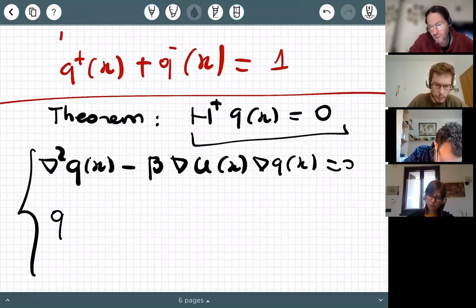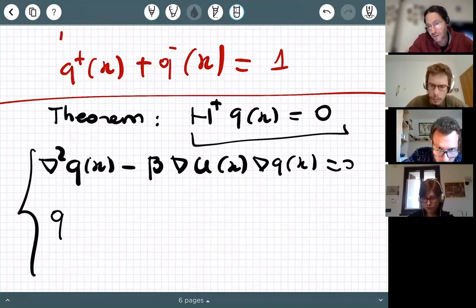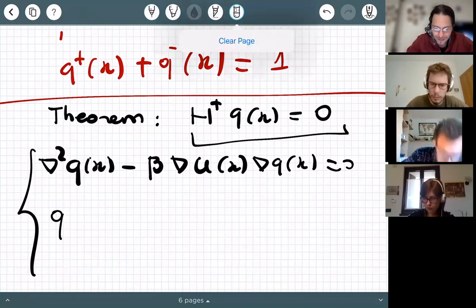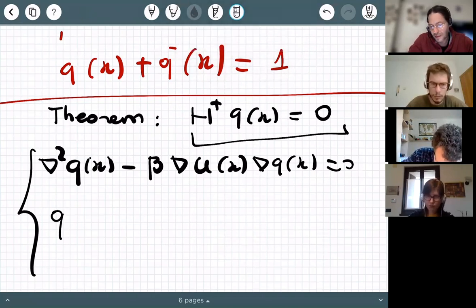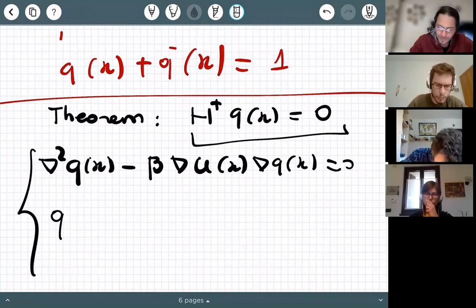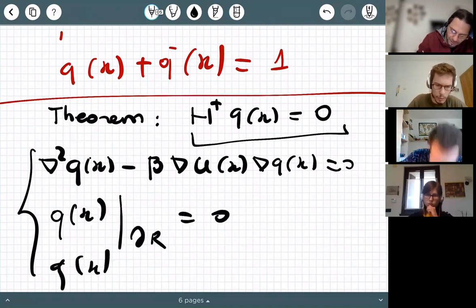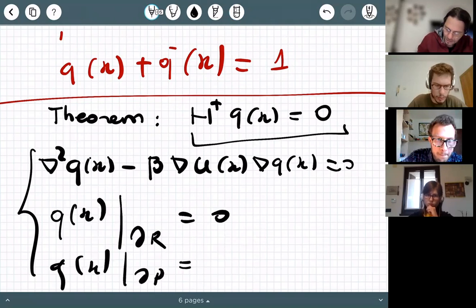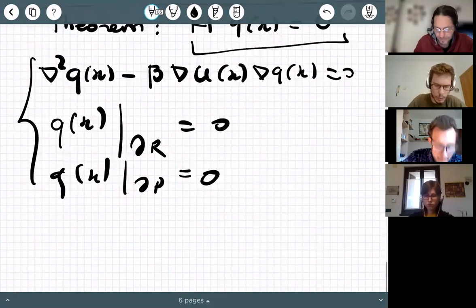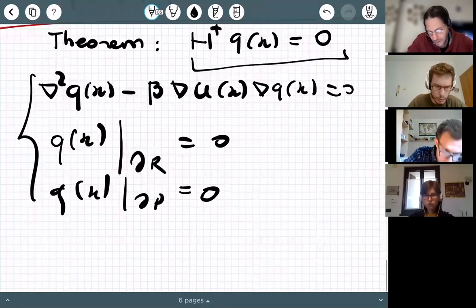Whenever I say Q now, since Q negative is trivially related to Q positive, I will remove the plus from Q plus and define Q negative as 1 minus Q. Okay? So obviously, this is the PDE system that this function satisfies.